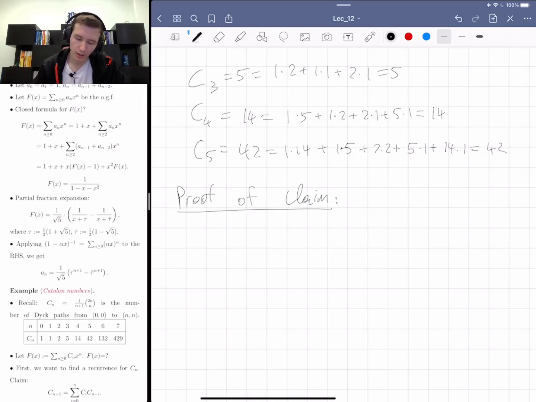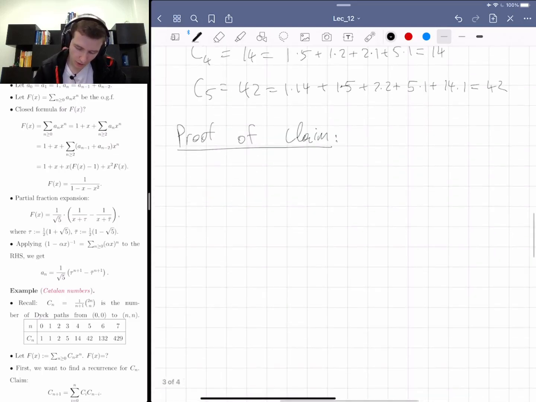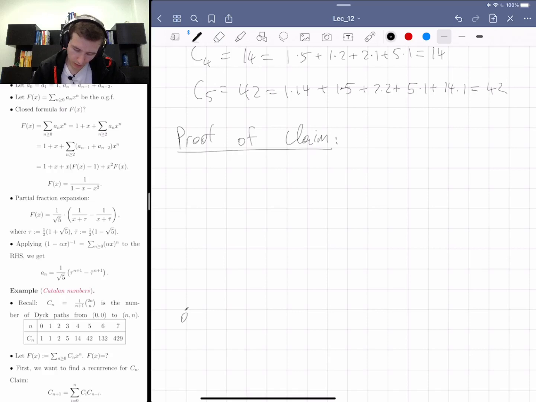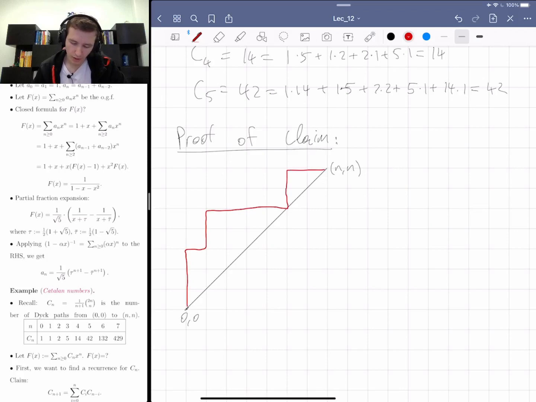Let's say I have 0, 0, and then I draw the diagonal, n, comma n, and then I have some lattice path, maybe something like this. I want to find a recurrence which expresses the number of lattice paths in terms of paths in some smaller lattice. And the way I'm going to do that, maybe somebody can guess what I'm going to do.